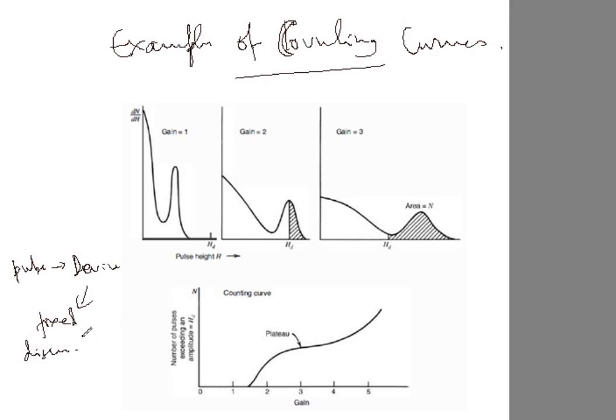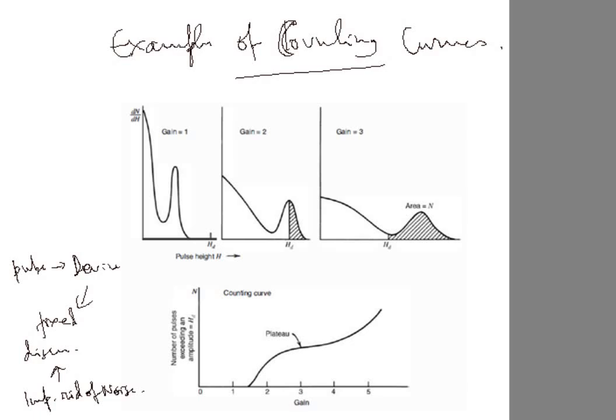This means that anything below this discriminator we will not count, we will not record. Why is it there? Sometimes this is important for getting rid of electronic noise, which is always there in a detector in one form or another.